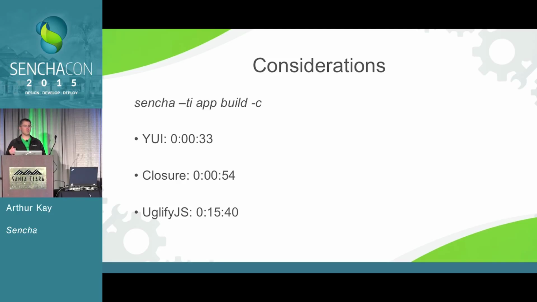And as long as the output size isn't very dramatic, maybe a couple of kilobytes isn't something to stress out about. If you're going to build the application on a build server, it may be worth your while to squeeze the extra couple of bytes out of compression by using whatever tool gives you the best compression, which may in fact be Uglify. So that's definitely something to take into consideration.